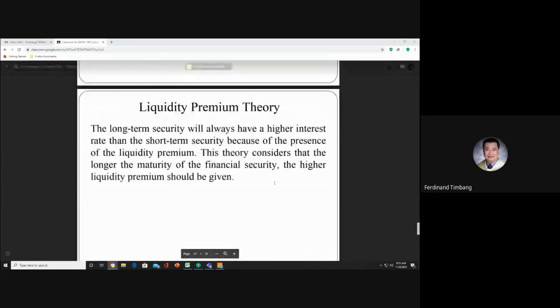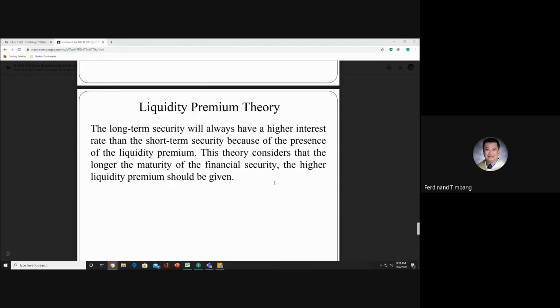Okay, liquidity premium tayo, no? So the long-term security will always have a higher interest rate than the short-term security because of the presence of the liquidity premium, no? So this theory considers that the longer the maturity of the financial security, the higher liquidity premium should be given. So para siyang katulad din ng maturity risk premium, no?